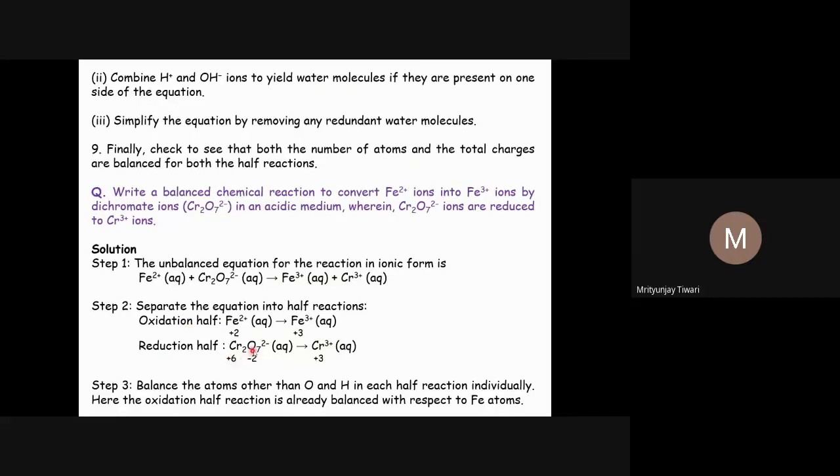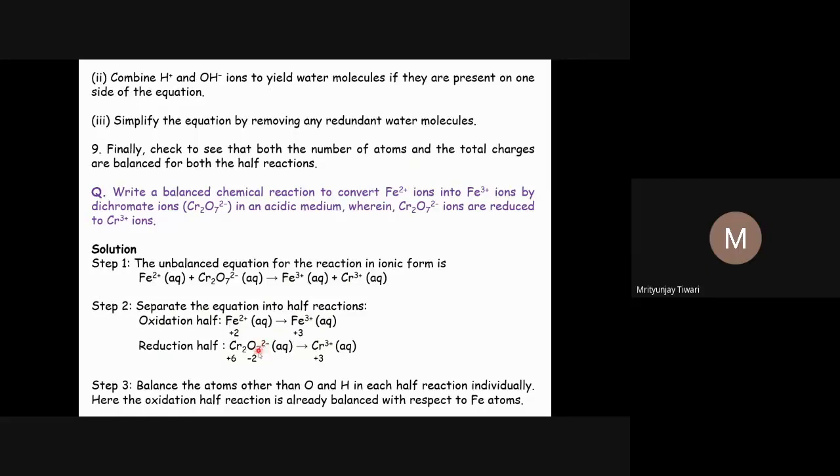In the reduction half, we have dichromate. As I explained earlier, oxygen, if it is not associated with fluorine or bound to another oxygen atom, will always have an oxidation state of -2. In elemental form it will be 0, but here it is in a compound, there is no O-O bond, and there is no fluorine.